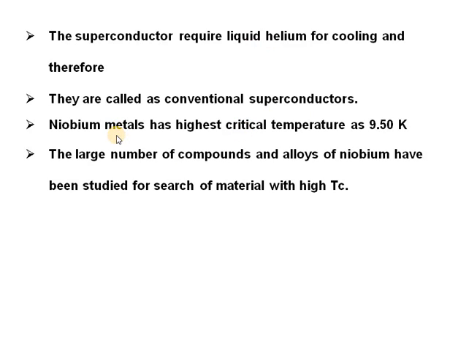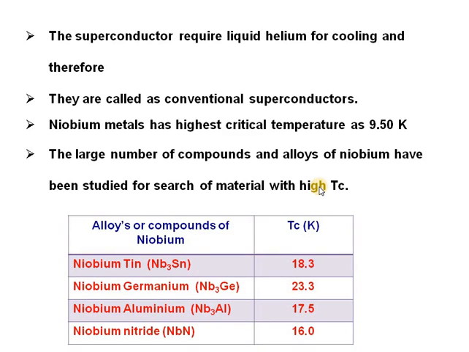For example, the metal niobium has the highest critical temperature, about 9.50 Kelvin. A large number of compounds and alloys of niobium behave as materials with high critical temperatures. For example, this table clearly shows which compounds or alloys of niobium have which critical temperatures.